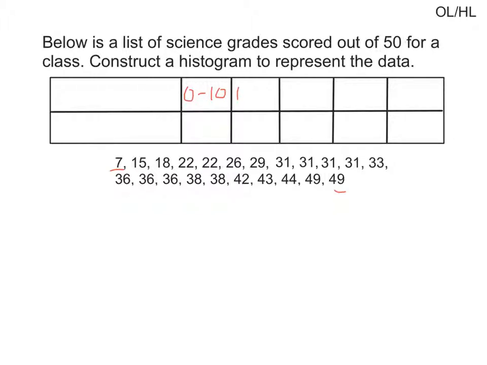Our next interval is 10 to 20, then 20 to 30, and 30 to 40, and so on. These intervals represent grades, so we'll state that in our frequency table.